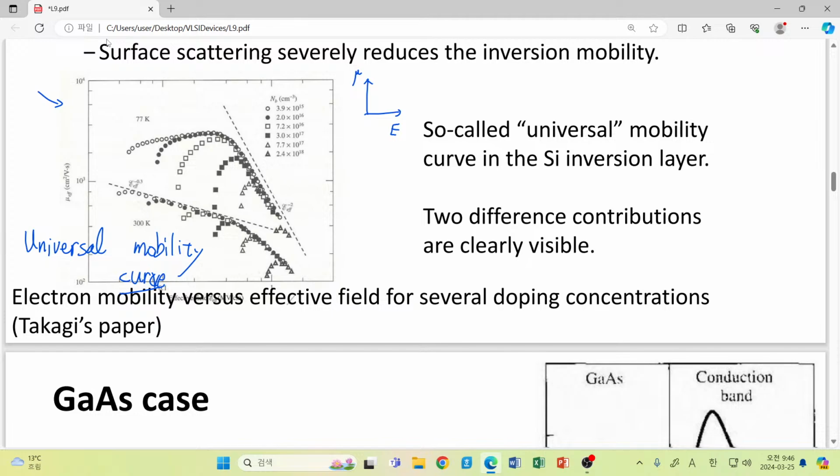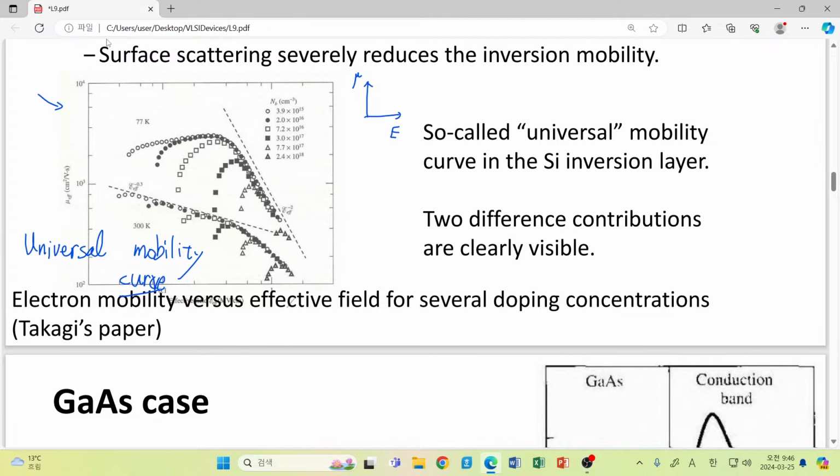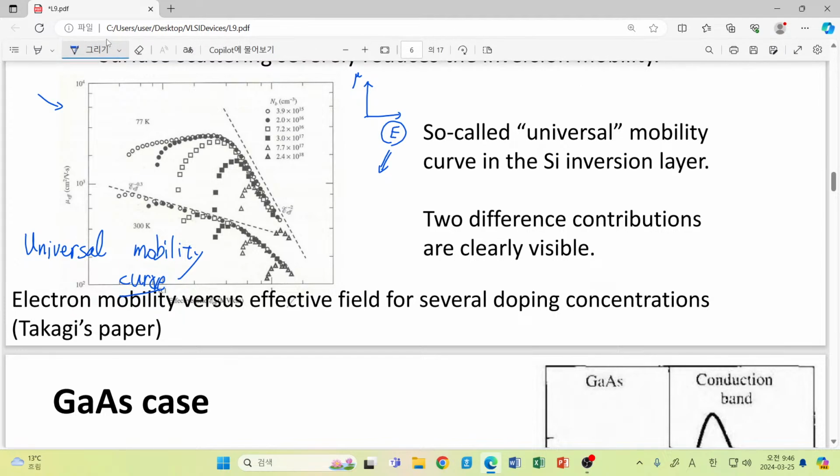Of course, electric field has a direction. When we say that electric field, this is the vertical electric field. I mean that.